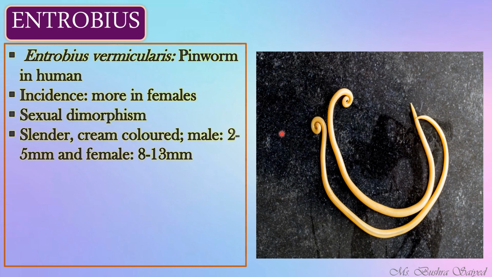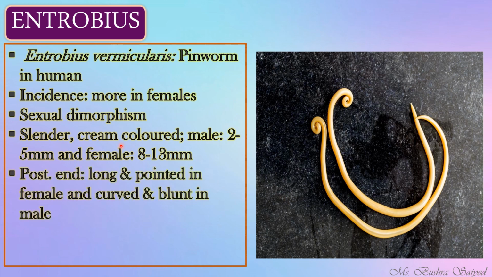There is clear sexual dimorphism. The organism is slender, cream colored. You can easily make out 2 to 5 mm length in male. Female will be around 8 to 13 mm. Posterior end is long and pointed in female, whereas it will be curved and blunt in case of males.